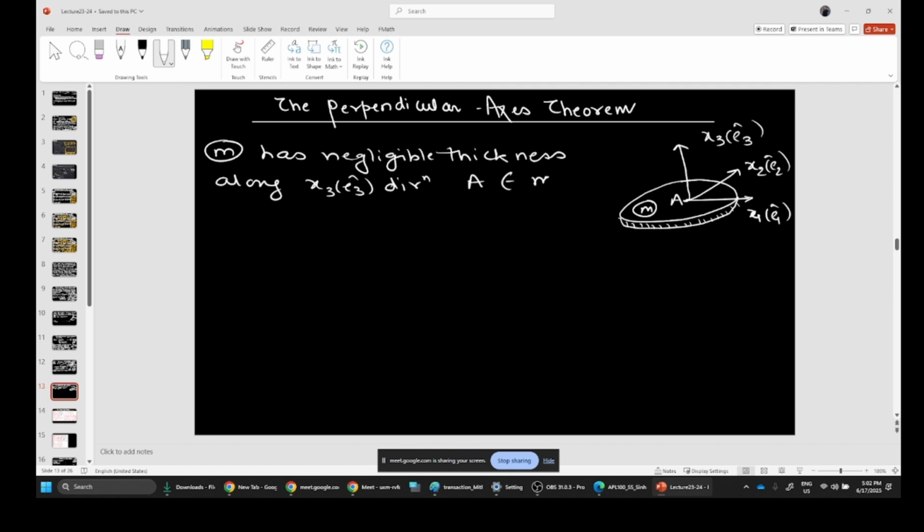As usual, A is fixed in M. The perpendicular axis theorem tells us this: to be very precise, IA33 is approximately equal to IA11 plus IA22.